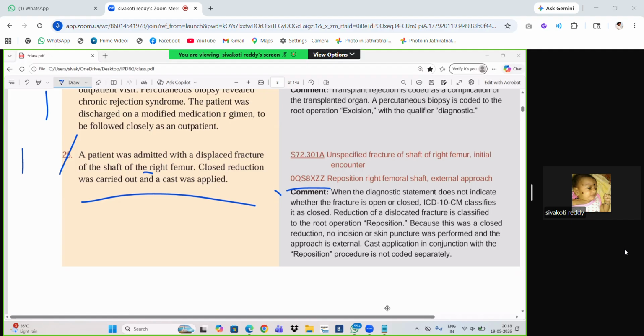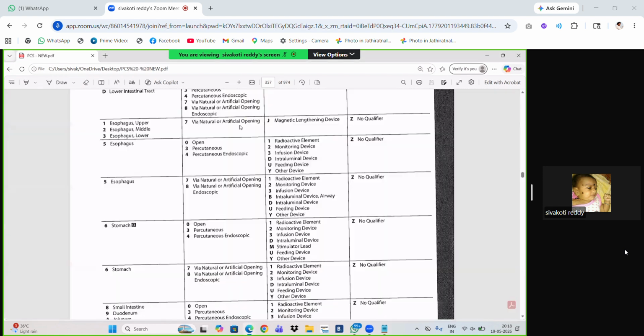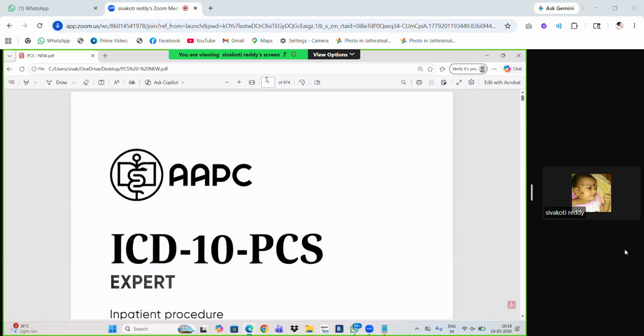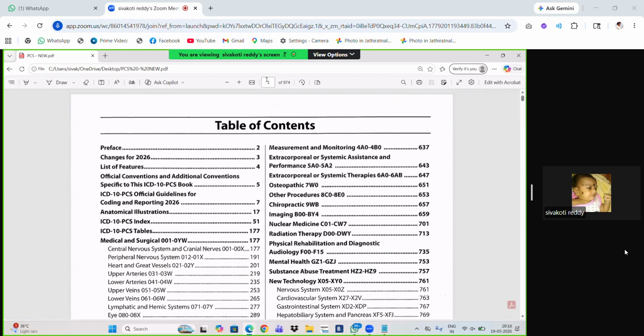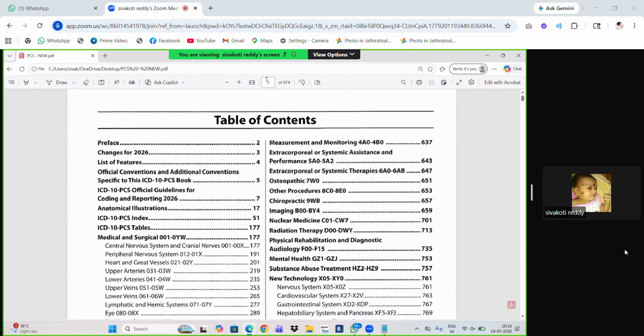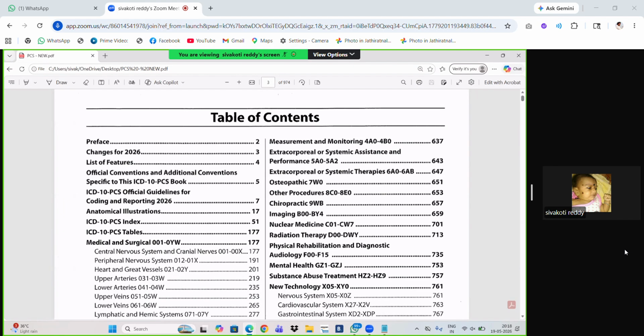I already shared the PCS book in the group, right? I shared the soft copy. If you open the soft copy, guys, you will get the table of contents on the third page. Under the table of contents, you will get ICD-10 PCS index, PCS tables.